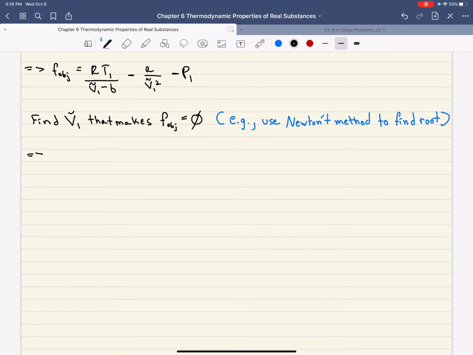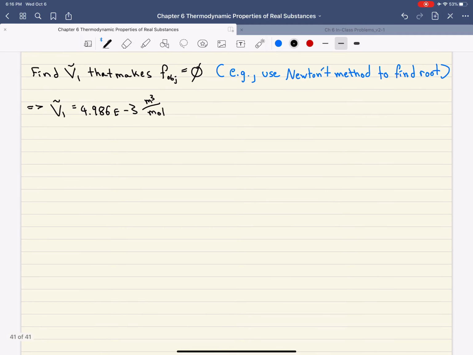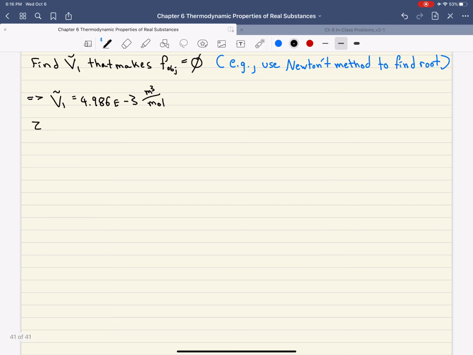And so it's fine to use those functions for these calculations. In any case, if you went out and did the root finding for the inlet stream, you would find that V1 is equal to 4.986 e to the negative 3 meters cubed per mole. So once we have V1, we could find Z1. That's 0.9995. So that tells us we're pretty close to ideal, though not perfectly ideal.